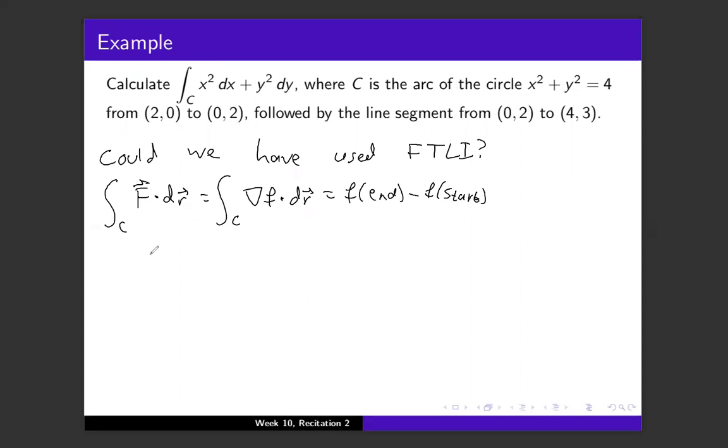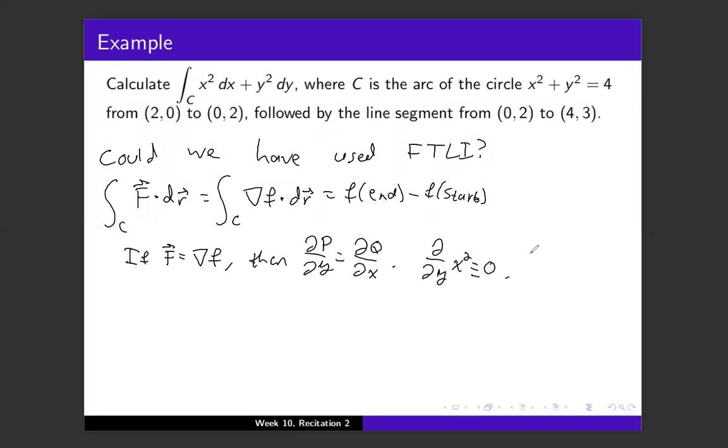Well, let's find out. If we do indeed have that f is the gradient of some field, then we remember our test for this: the derivative of p with respect to y should be the derivative of q with respect to x. Is that the case here? Well, the derivative of x squared with respect to y is 0. In fact, it's always 0.